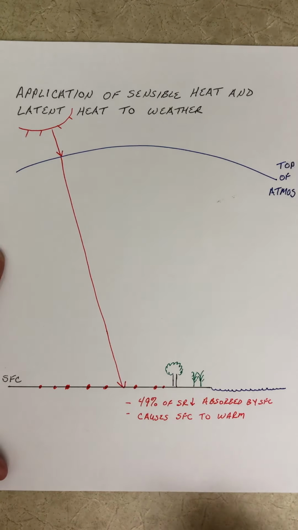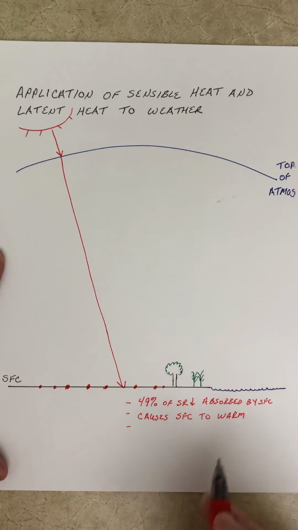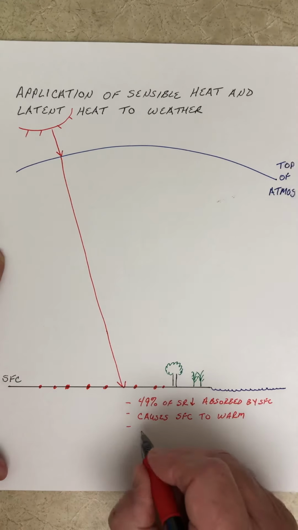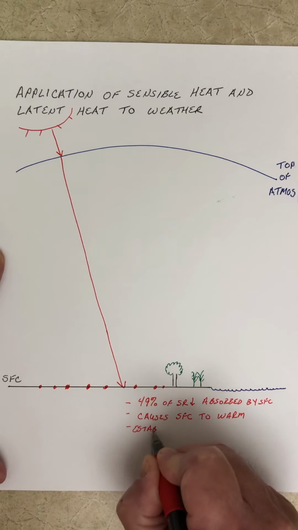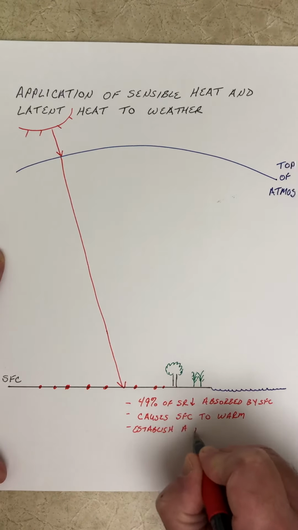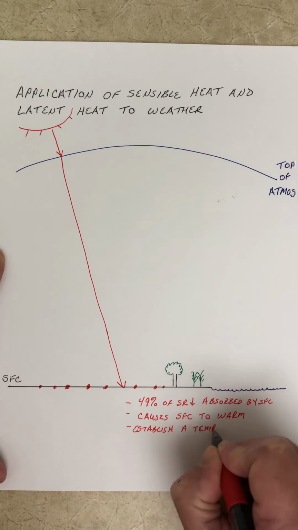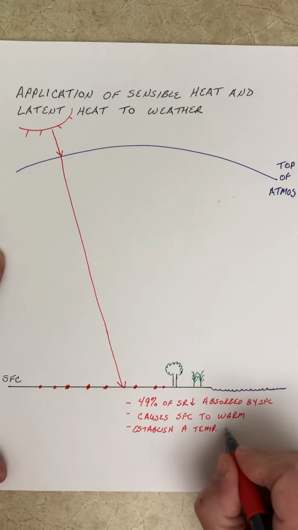So when the Earth's surface warms up because it has absorbed incoming solar radiation, that's going to establish a temperature gradient between the Earth's surface and the air above, and the Earth's surface and the ground below.